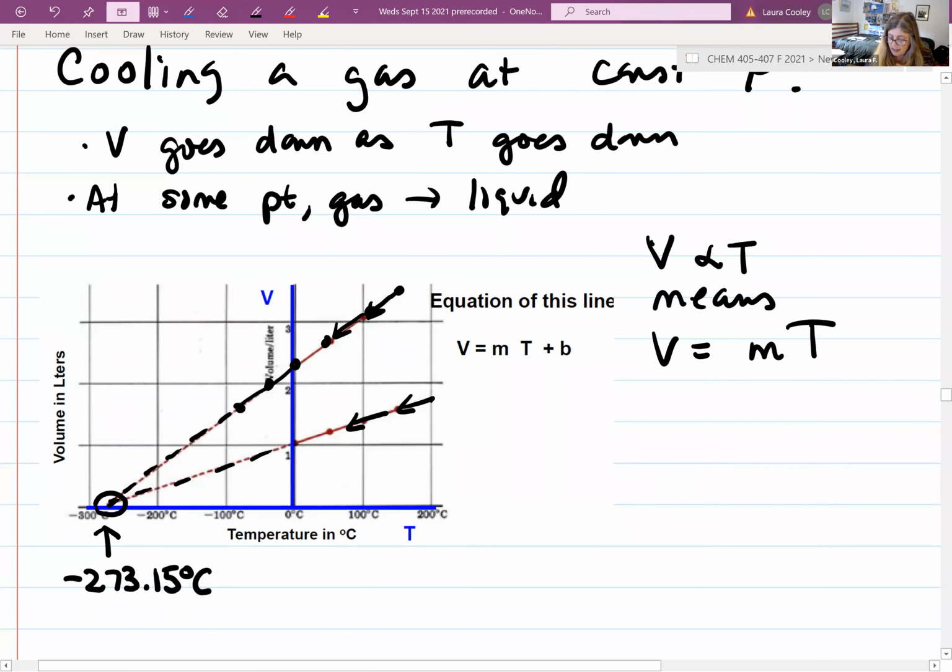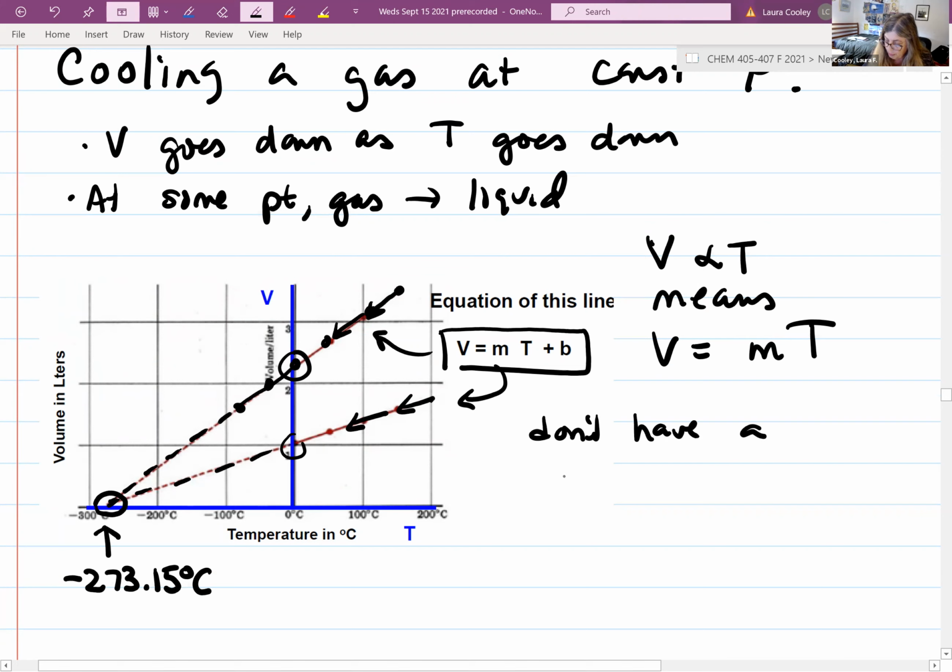But this line here, there's actually an intercept. This is the y-axis here, and it has an intercept. So in Celsius, we do not have a proportionality. This is actually the equation for these lines with somewhat different slopes and different intercepts. So we don't have a proportional relationship.